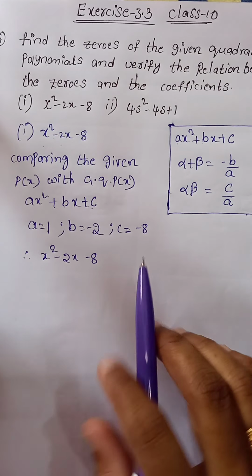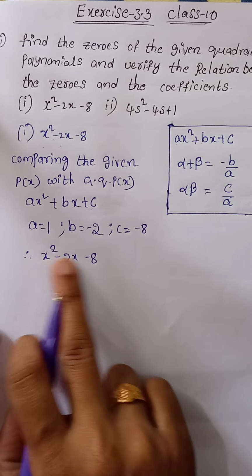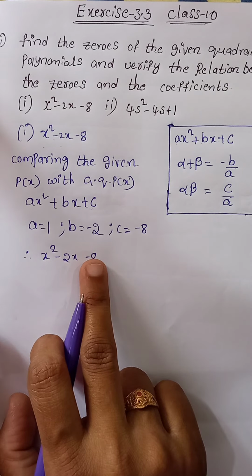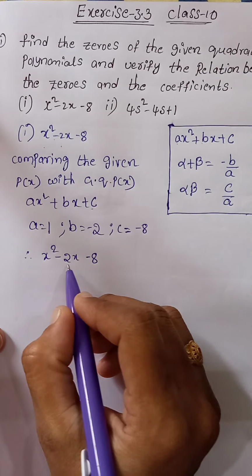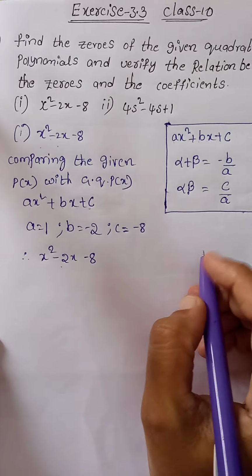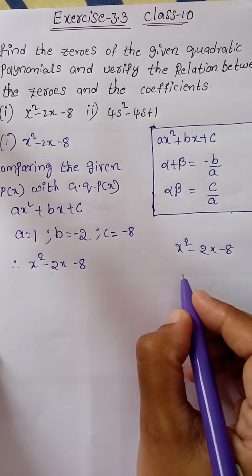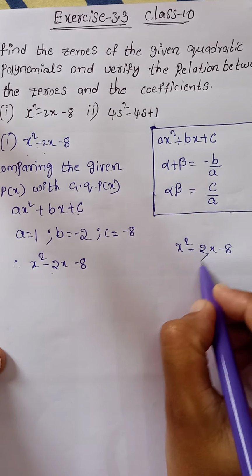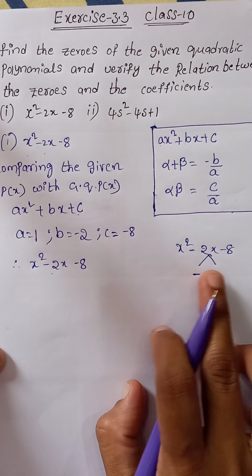So first we need to find the zeros of this given polynomial. How can we find them? By splitting the middle term into two terms. So I am writing here minus 2x minus 8. How can we find these two terms?